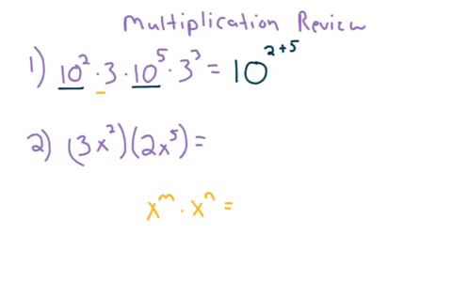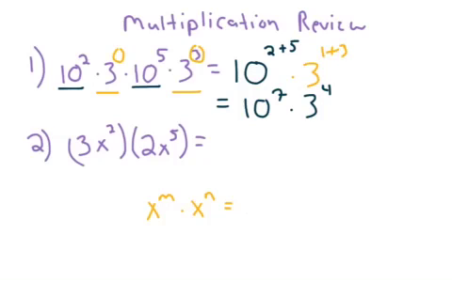And then I have a value of 3 as a base, and my exponents in this case are 3, and remember, if you do not see a value, it's considered to be 1. So then we would just simplify. So this would become 10 to the 7th power times 3 to the 4th power.